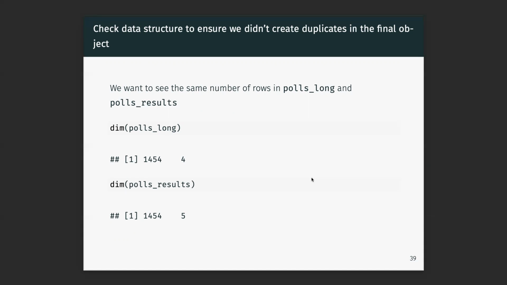We can see that the dimensions of the polls long object, our initial object, is 1,454 rows and 4 columns. And then our joined object, polls and results, is 1,454 and 5 columns, right? So all we've done is add a single column and it's matched exactly onto the values, right? It's not like we've taken the column from this other one and just stuck it onto the side. We first matched it based on state and candidate.